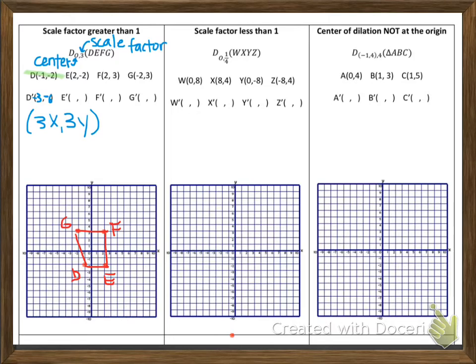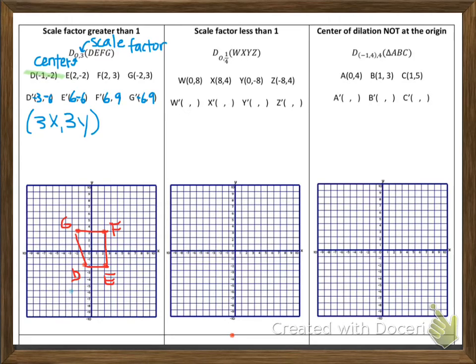Starting with E, 2 times 3 would be 6, and negative 2 times 3 would be negative 6. So that's (6, -6). F, again plugging it in, I would get (6, 9). 2 times 3 is 6, and 3 times 3 is 9. And then finally for G prime, (-6, -9).